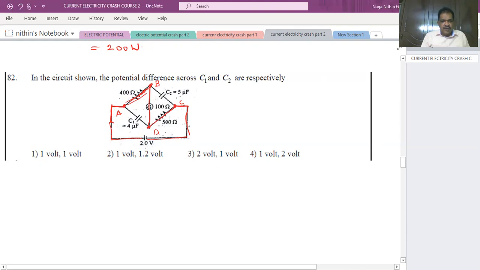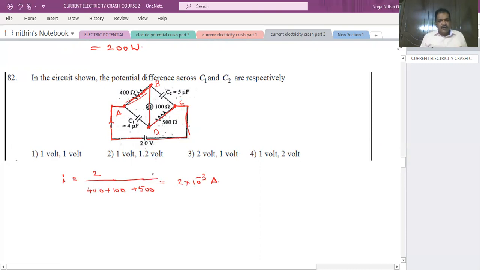So here 400, here 100, here 500, all will be in series. What is the current means? Net potential V by, totally this will be 400 plus 100 plus 500, so 2 into 10 power minus 3 amperes. That is the current.